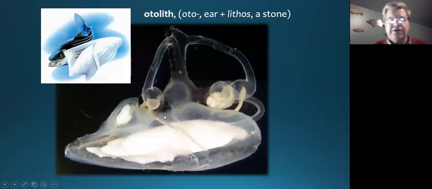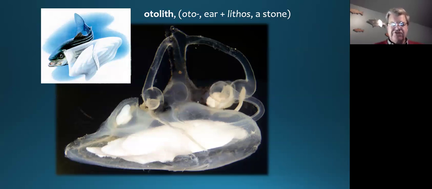All right, otolith, not the hemolith, not the gastrolith, but the otolith. So, ear stone. And here it is. This is a typical three-otolith structure within the labyrinth system. You see the semicircular canals there, and then you see these big vesicles of epithelial tissue.